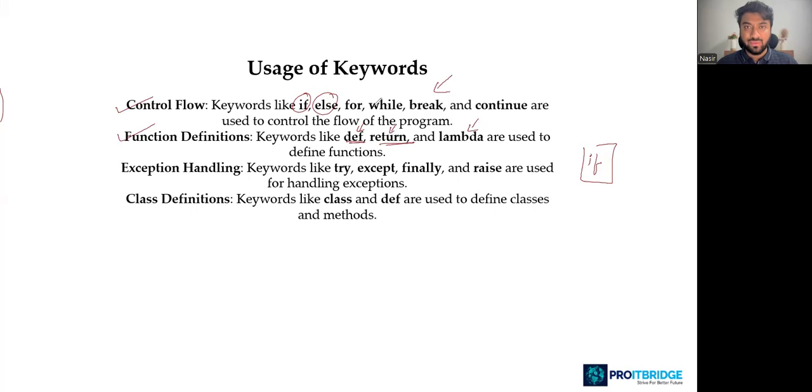All these are keywords. And then we have exception handling, try, except. If there is any error, Python should not crash. It should skip that and carry on. And while defining a class and all those things, certain keywords are used. So this is with respect to our keywords.